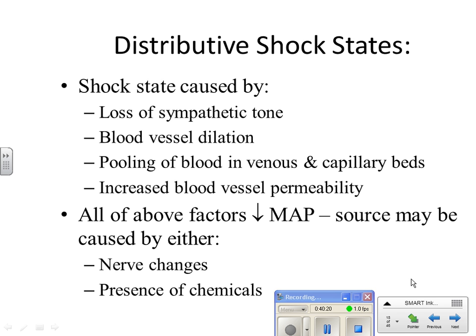So some of the causes of distributive shock can be neurological changes that cause that loss of sympathetic tone, or the presence of chemicals that cause capillary permeability and loss of fluid out of those capillaries and pooling. So the first type that we're going to talk about, distributive shock, is septic shock.